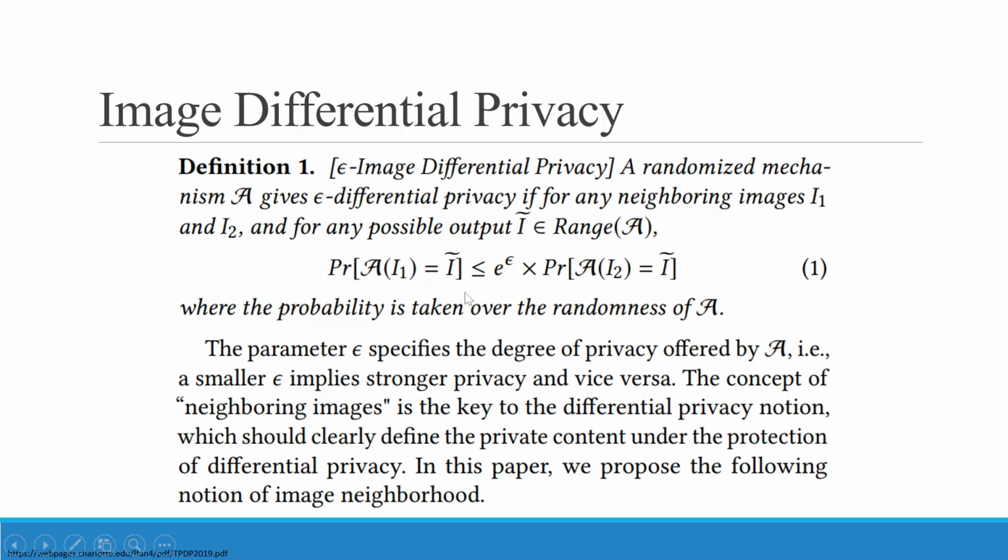we should define the neighbor of the input in differential privacy. What is the neighbor?